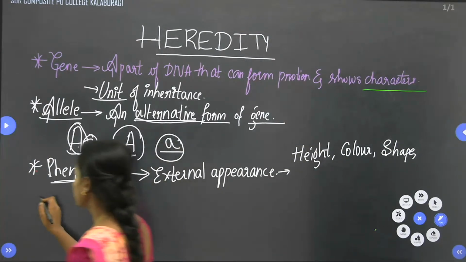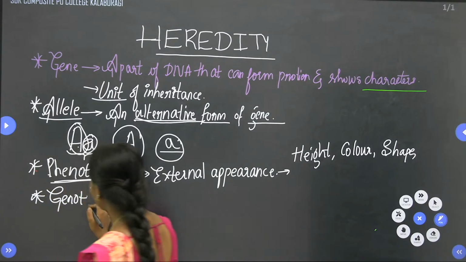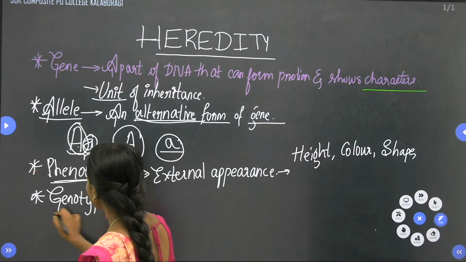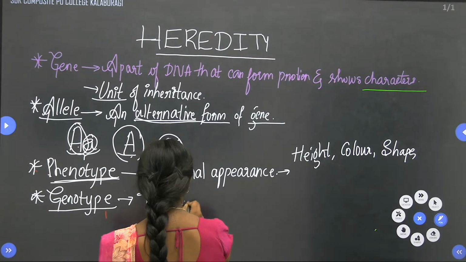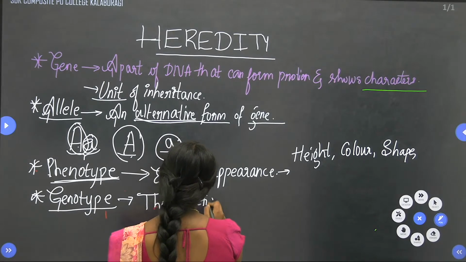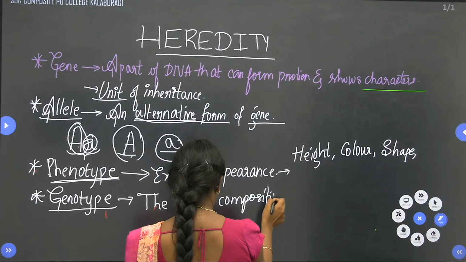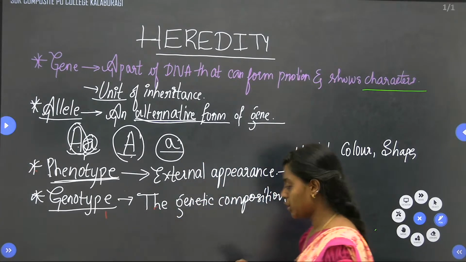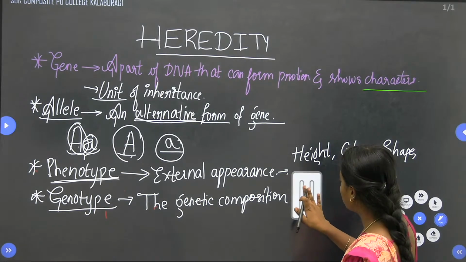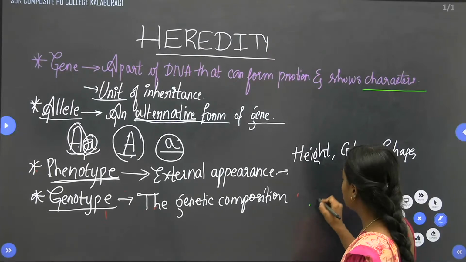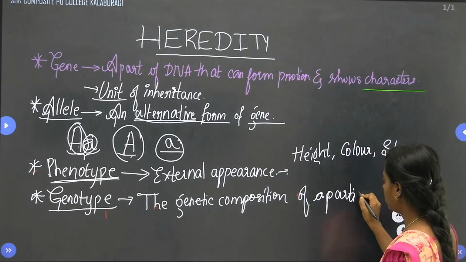The next one is genotype. It is the genetic composition of a particular character.